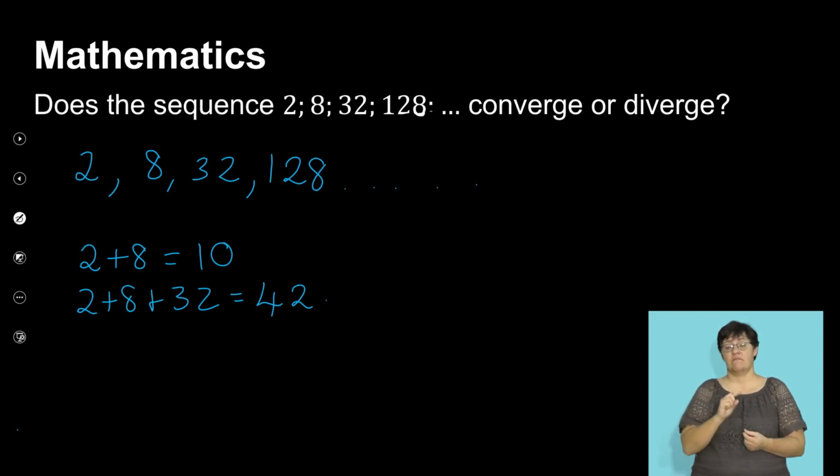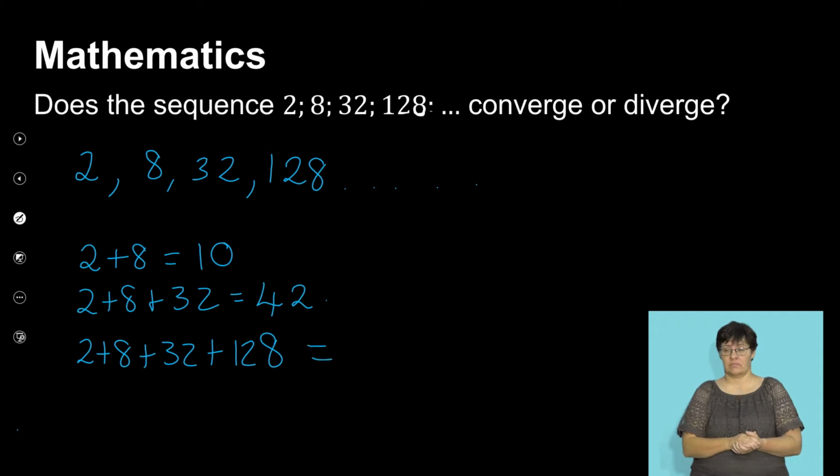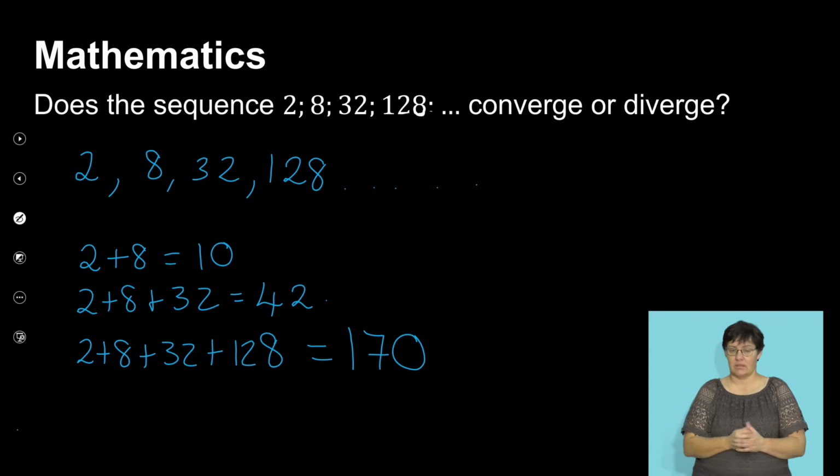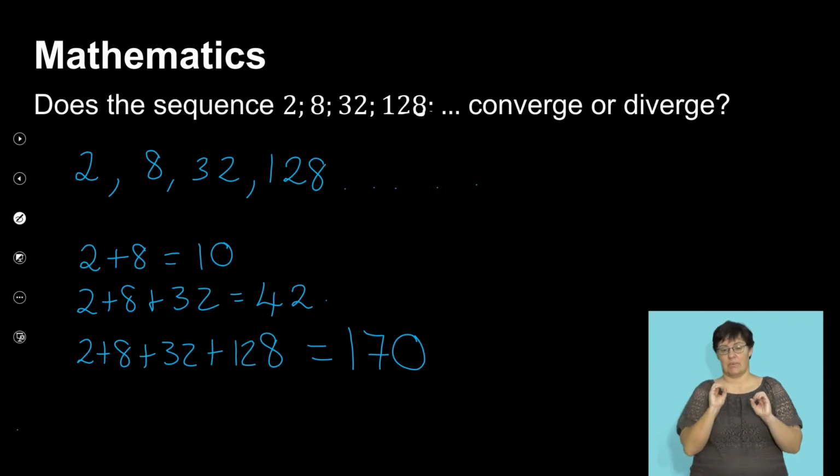If I add the first four terms together, I'm going to get 170. So I'm sure that everyone agrees with me that these numbers are not getting closer and closer to a specific number. 10, 42, and 170 are not getting closer to a specific number.